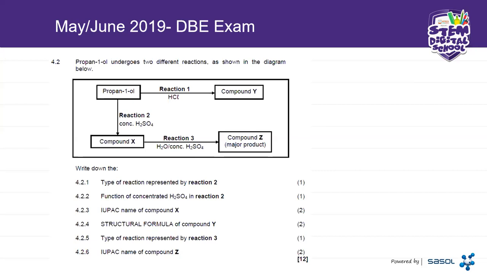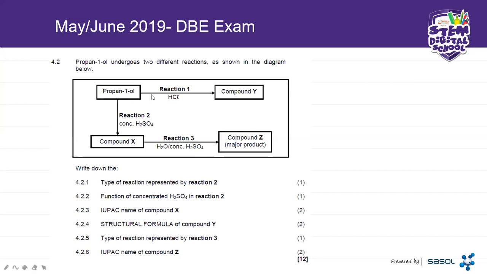Okay, so what do we know about this, guys? Remember when I told you guys, grade 12, that you need to know each catalyst and what they are used for in order for you to understand what kind of reaction takes place. Okay, so now they want to know 4.2.1, the type of reaction represented by reaction 2.